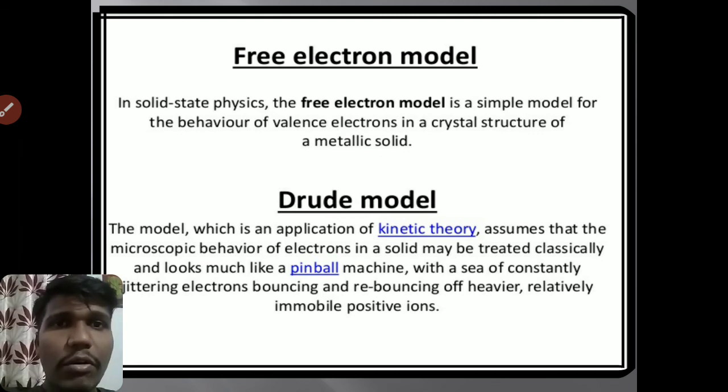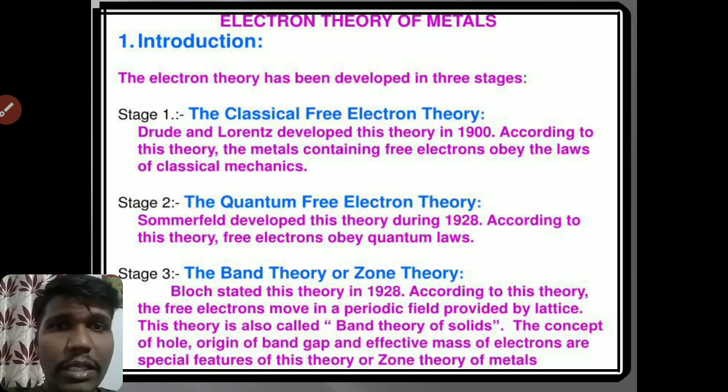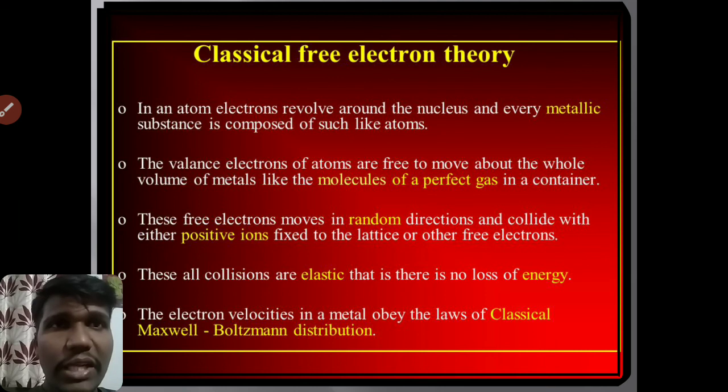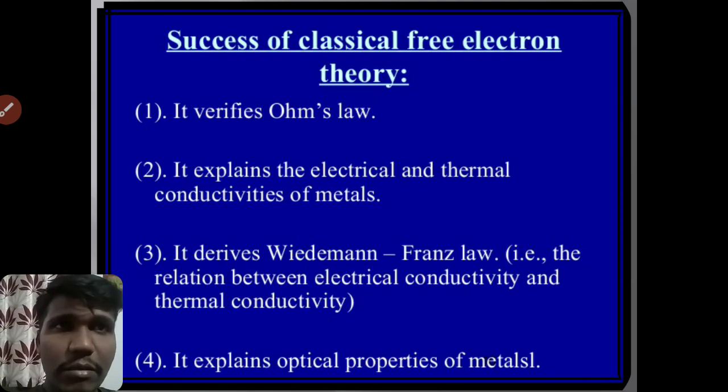With the Drude and Lorentz model we discussed the free electron theory. There are various stages or chapters in the free electron theory: classical, quantum, band and zone. We have introduced many units, using the free electron theory, classical free electron theory and the success of the classical free electron theory.